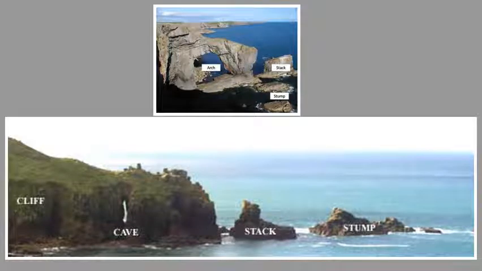Look at those amazing photographs. Let's look at the big photograph at the bottom of the slide. There's our cliff with our headland. There's our cave. There's an offshore stack getting quite small there, almost a stump to my mind. And finally a stump. And here you see how stumps just get so tiny and eventually they just disappear completely.